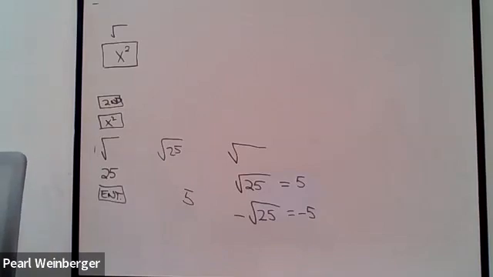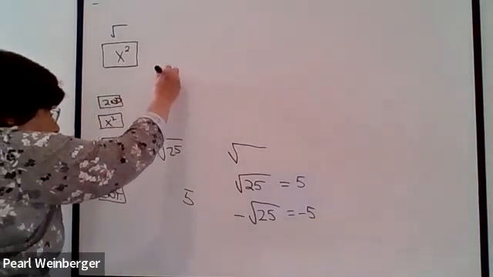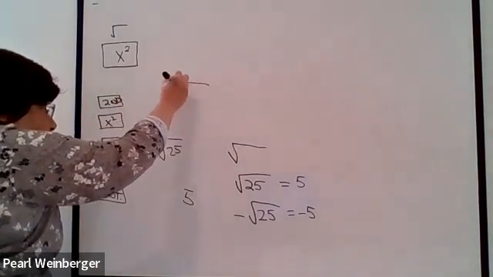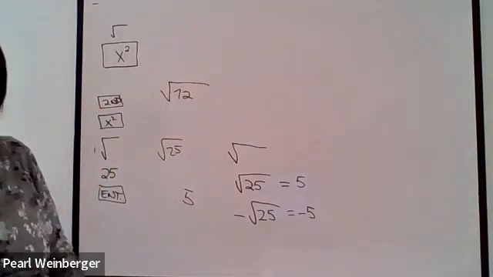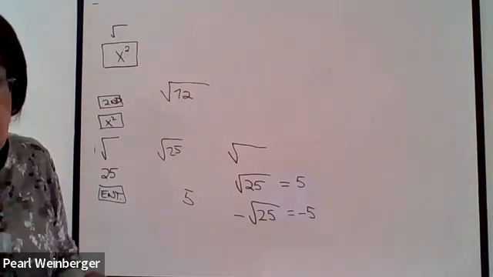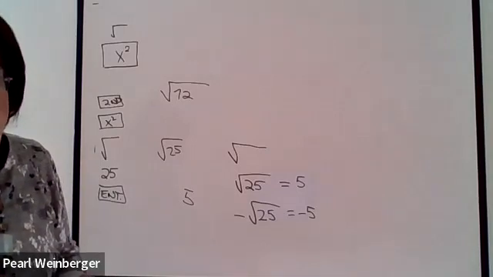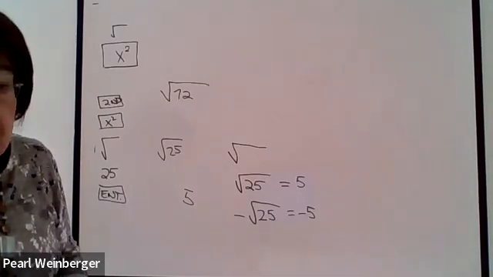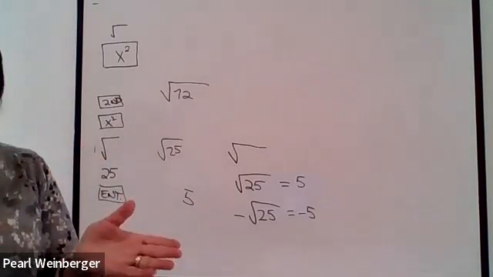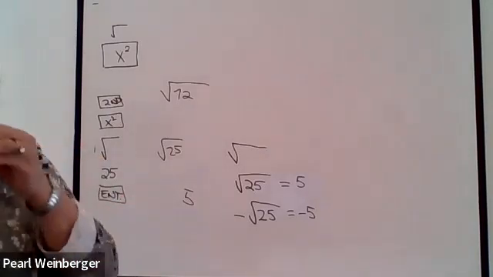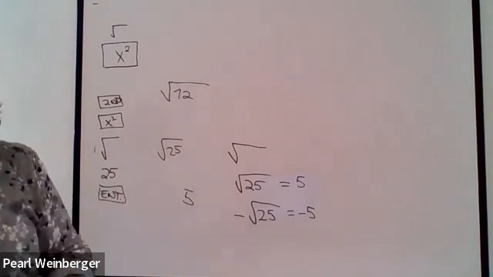Again, if you want to do the square root, though, of, let's say, something like this, the square root of 72. 72 is not a perfect square. There's no exact number that works, that when you multiply by itself, it will give you 72. Yes, 8 times 9 will give you 72, but there's no number that multiplied by itself will give you 72.